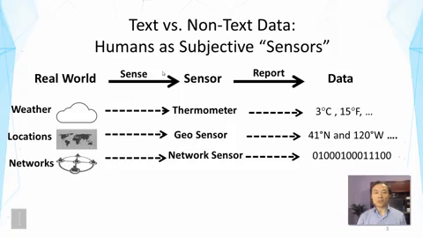Similarly, a geosensor would sense the location and then report the location specification, for example, in the form of longitude value and latitude value. A network sensor would monitor network traffic or activities in the network and then report some digital format of data.